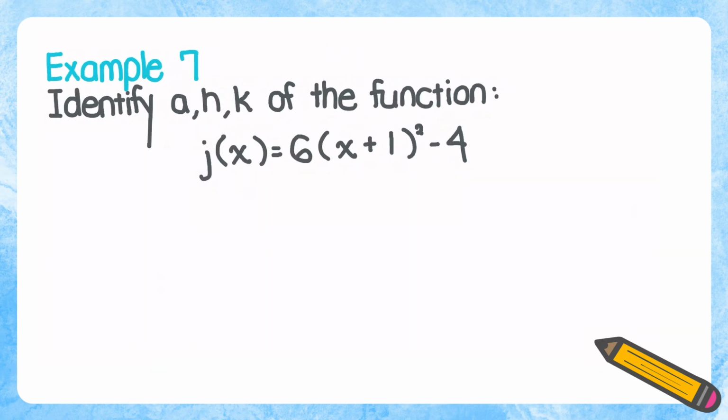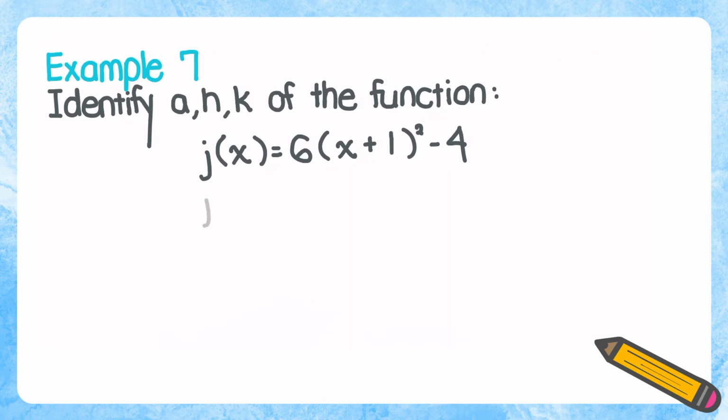Let's look at a similar example. Identify a, h, and k for this function. J of x equals 6 times (x plus 1) quantity squared minus 4.